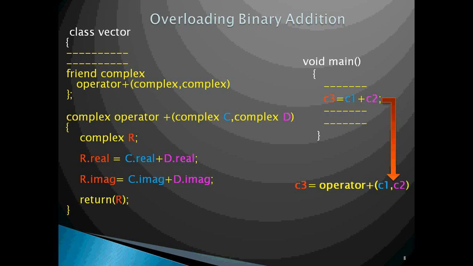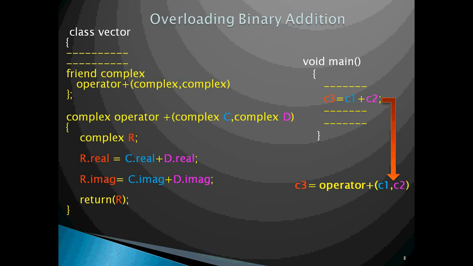That means both the left hand side and right hand side operands of the plus operator would be sent as parameters. Since we don't need any object to invoke the operator function, we would be writing it directly: C3 = operator plus (C1, C2).